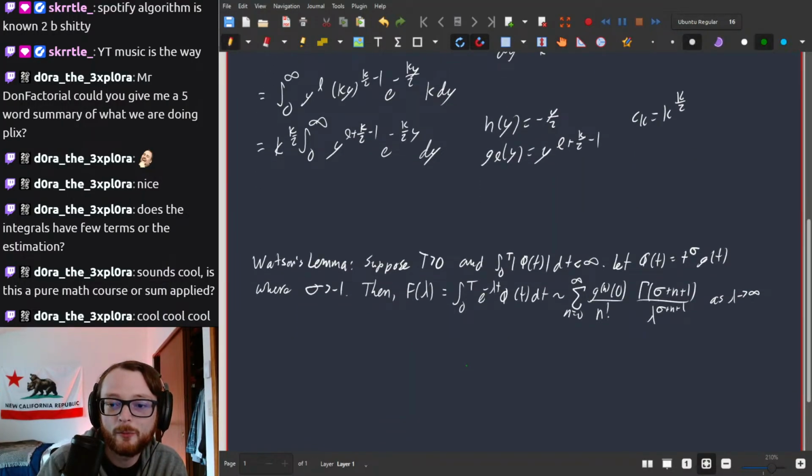The thing I always get confused on with trying to do Watson's lemma is this construction for phi of t.